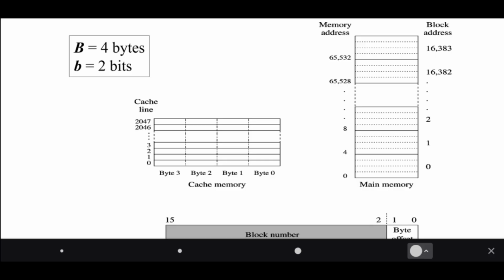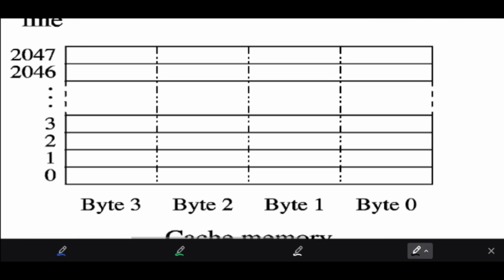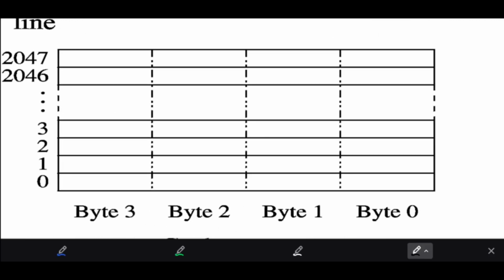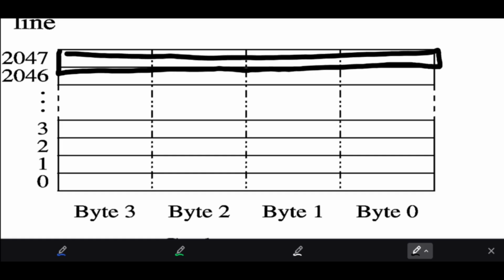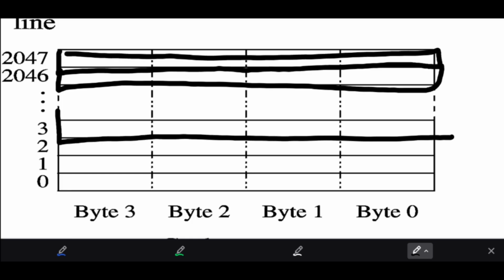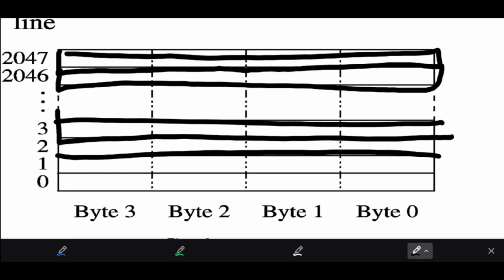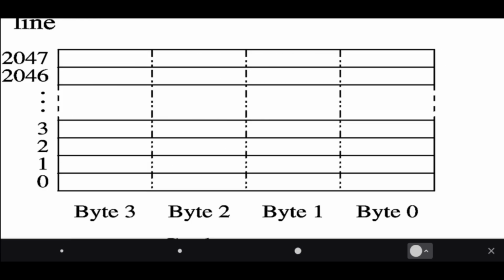Let me make it clear by zooming the image. This is a line, this is another line, this is another line. These are the cache lines, and inside the cache lines there are data bytes.